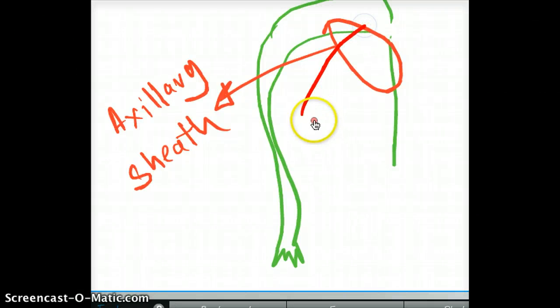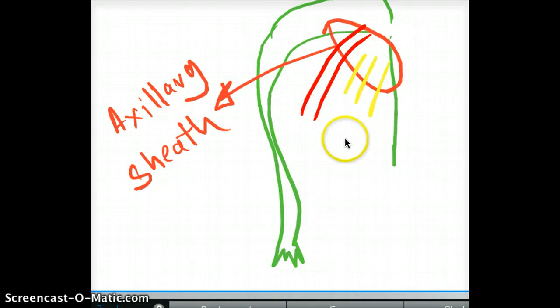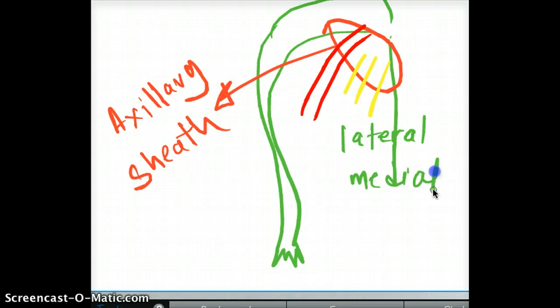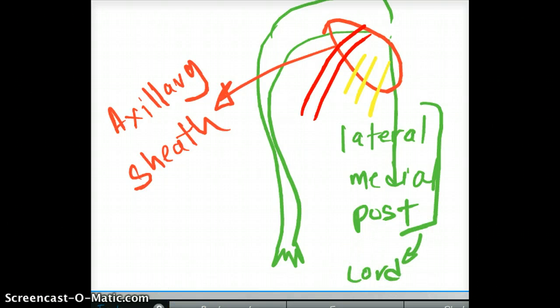Within this sheath, we have two structures. First, we have our axillary artery. And second, we have the three cords. The three cords are the lateral cord, medial cord, and posterior cord. So within this axillary sheath, we have the axillary artery and the three cords.